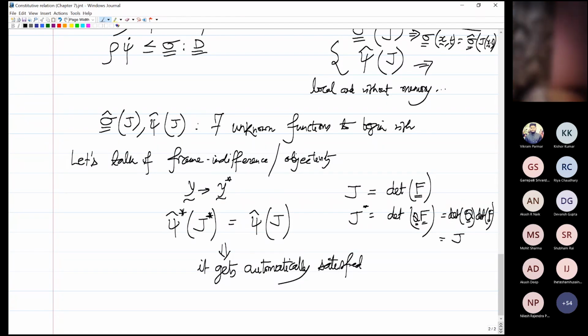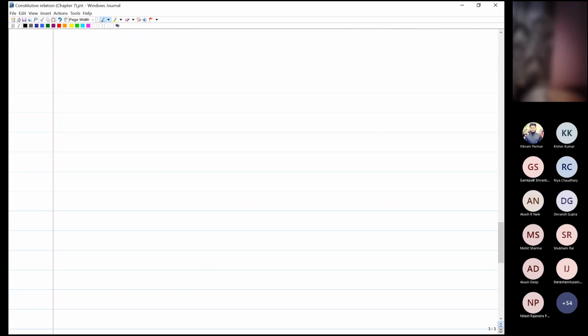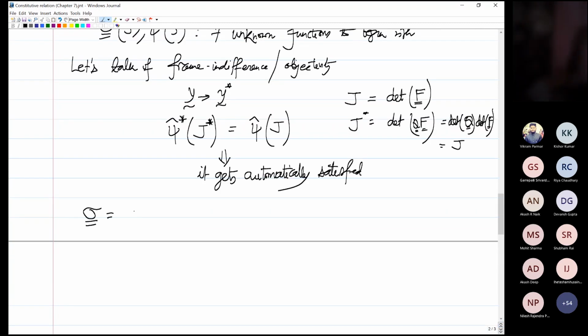Now let's talk of sigma. We said that it is this function sigma hat depending on J. So what will sigma star be? For another motion, sigma star will be that response function sigma hat depending on J star, because the function that we have chosen will be the same for all the motions.